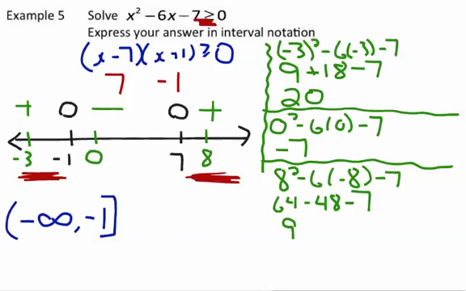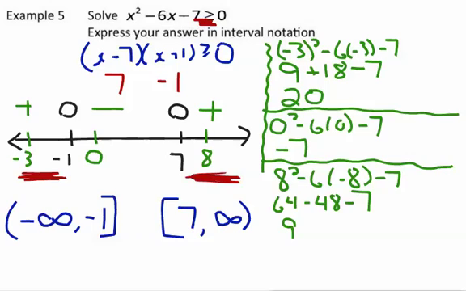My second region starts at 7. That's where we change from positive to negative. And it goes all the way to the right to infinity. Again, it's an infinity, so it's got a rounded bracket. And again, since we have an equal to line included in our original inequality, 7 gets a square bracket.